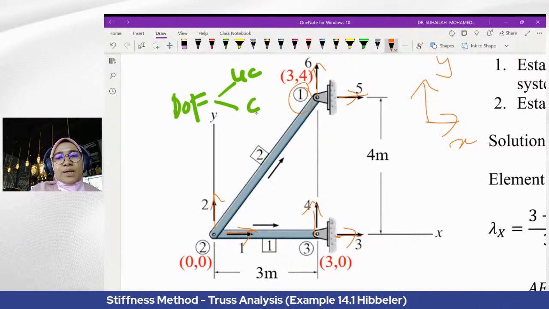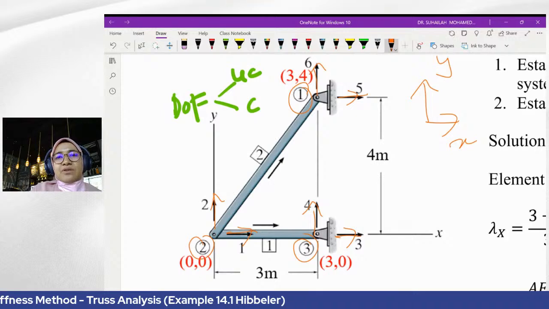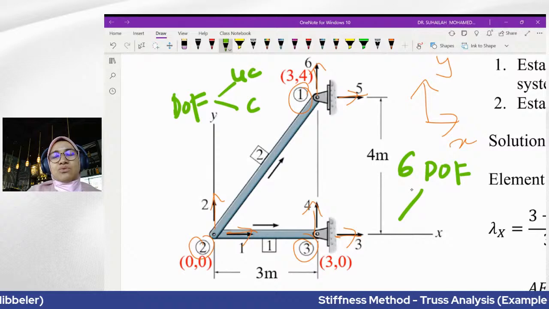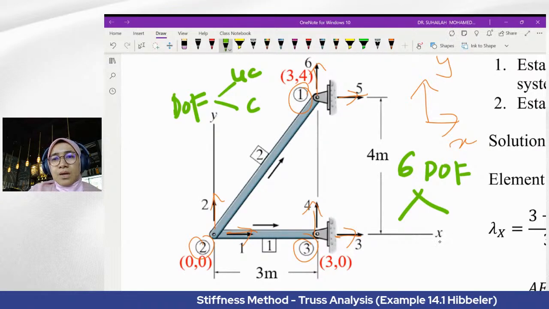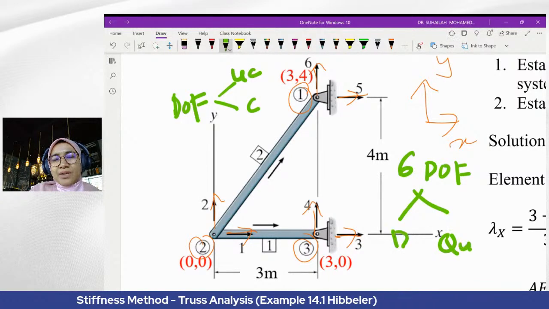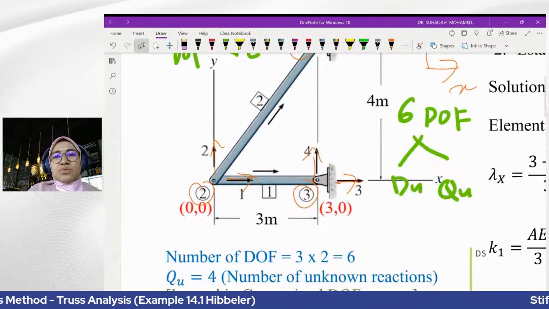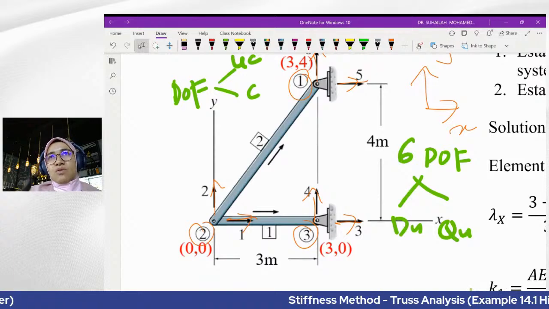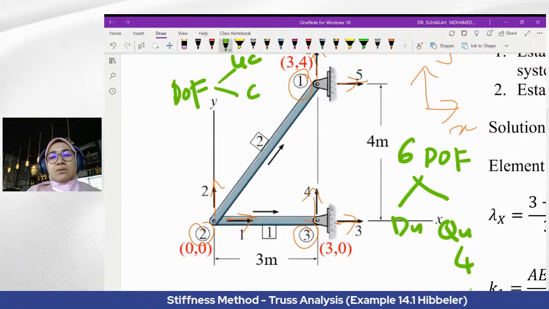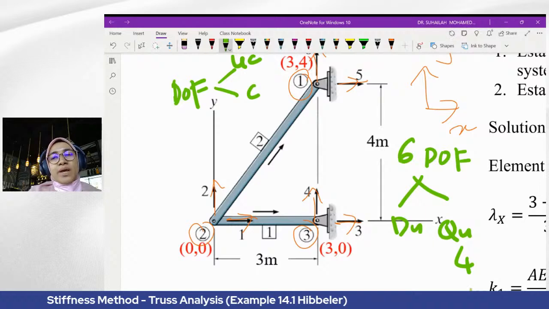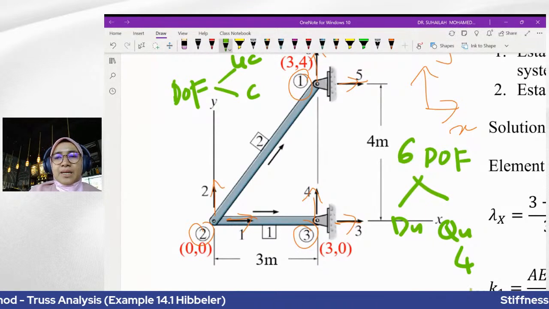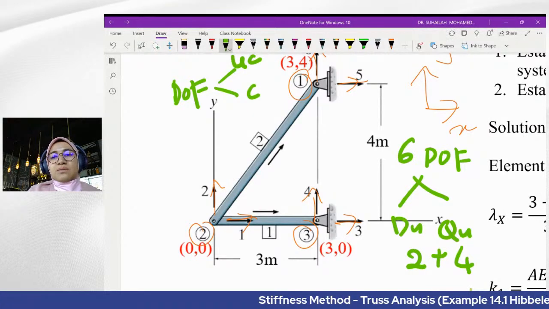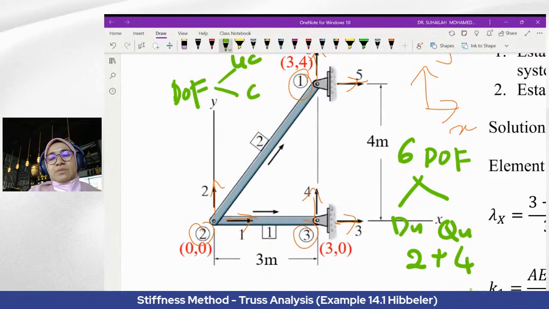When we have three nodes, we have in total six DOF. These six DOF we have to divide into Qu, Du and Dc. What is Qu? Qu is the unknown reaction. Based on this diagram, there are four unknown reactions because of two pin supports. So when unknown reaction equals four, the remaining is two, to get a total of six, because the total must be six.